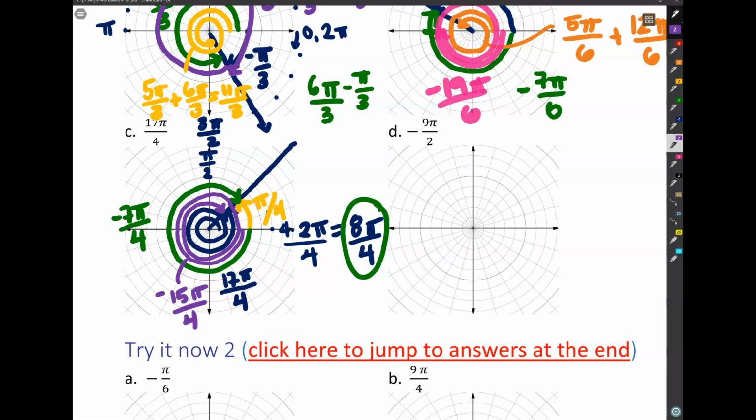Okay, last one, and this is pretty easy to count, but it's a negative one and it's a big angle, so it's good practice. Pi over 2's, we know that this is a pi over 2, so we just want to be able to kind of count those off. We're going to go the other direction, so we're going to go a pi over 2, 2 pi over 2, 3, 4, 5, 6, 7, 8, 9 pi over 2's, and that was negative.